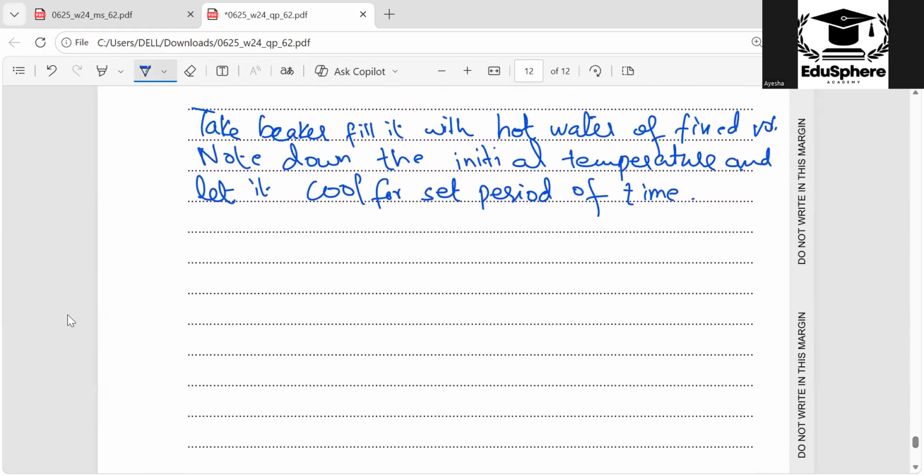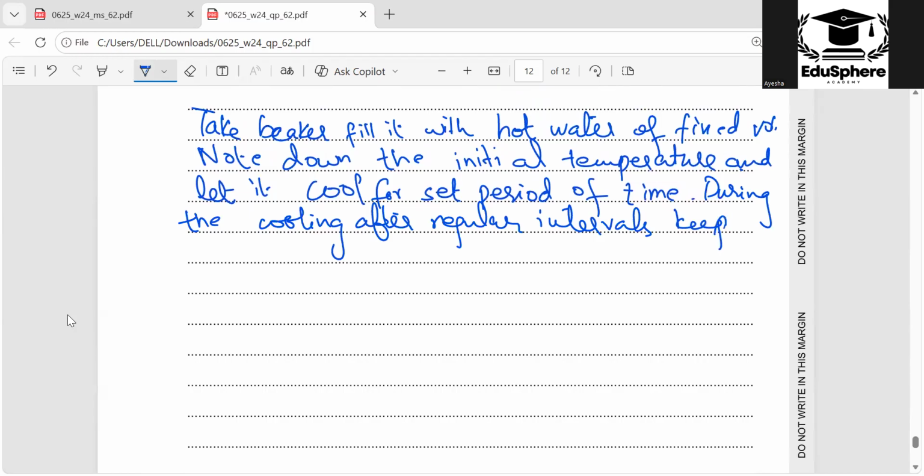During the cooling process, at regular intervals, keep on measuring the temperature using the thermometer. This is important, that we have to measure the temperature after equal intervals of time, and repeat the experiment with different diameters.